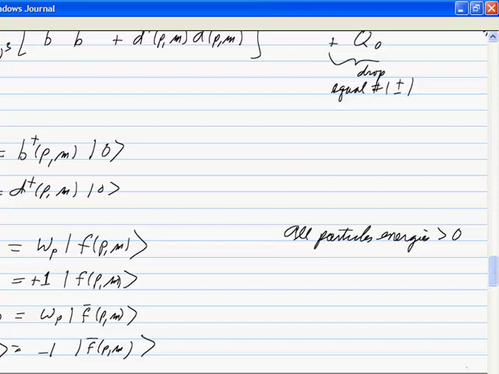But they differ on this charge, and Q is the particle number charge. So Q is +1 is the particle, and the other is the antiparticle, Q -1.